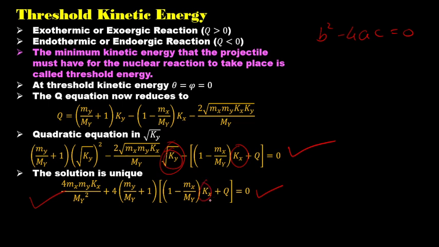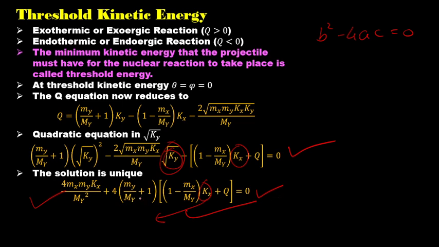And now Kx is the minimum value in this equation. So we have to find this minimum value of Kx in terms of the rest of the quantities present in the same equation. So we shall do such algebraic operations that we will have Kx on one side of the equation and all the rest of the quantities on the other side.